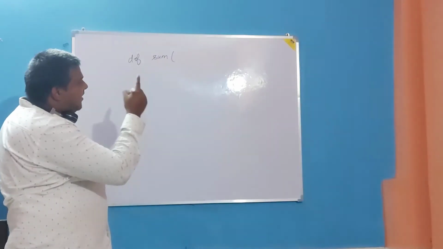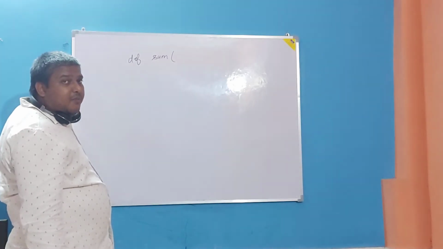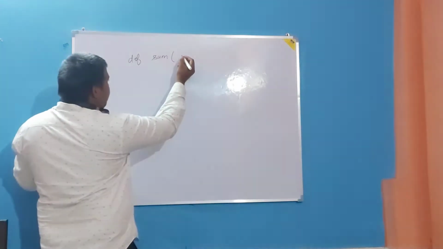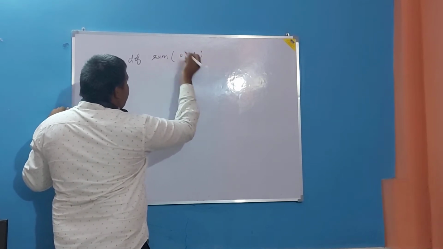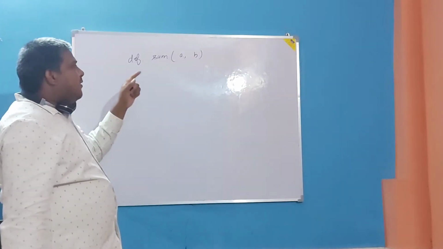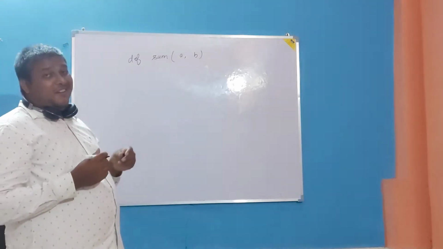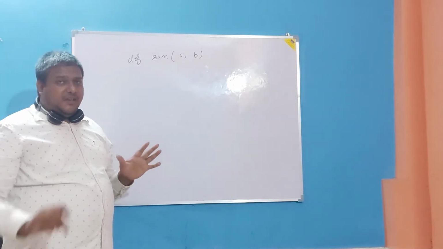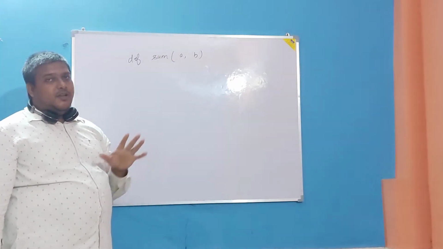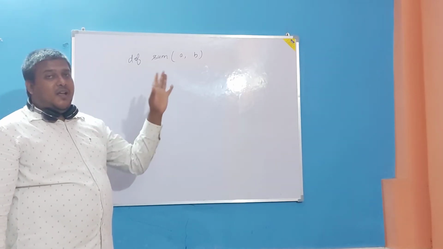In the form of parameters we have to pass the names of the variables, for example a comma b. We do not need to define which type of parameter it is, whether it is a simple variable, a list, or a tuple. No need to define anything. You only have to write the name of the variable that holds the value as a parameter.